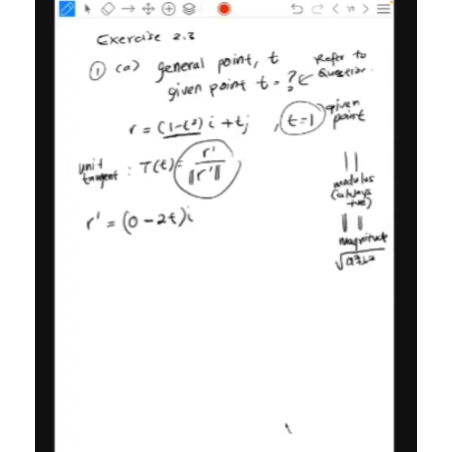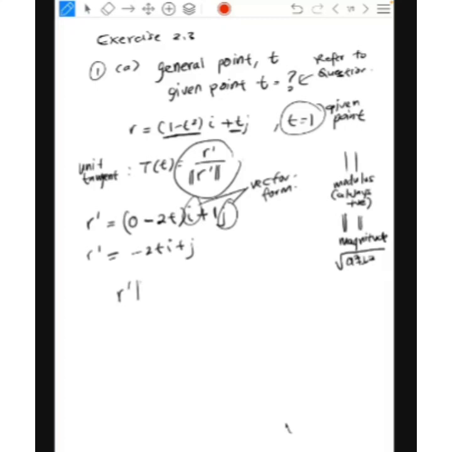This is for i first. And then you solve for j. j has only t; differentiate t and you get 1. Don't differentiate the i and j because this is the vector form; just write them back. We only differentiate the t. Then you have negative 2ti plus j.